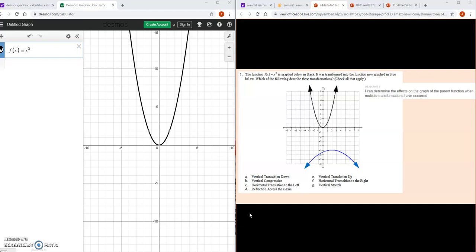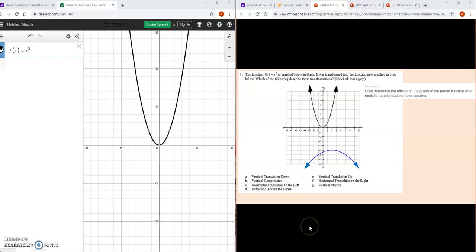Let's now look at letter E. It says it's a vertical translation up. So it is saying that it moved up, and I can't see that. So again, my clue is the vertex. From the vertex of your parent function all the way to here, it actually moved down.